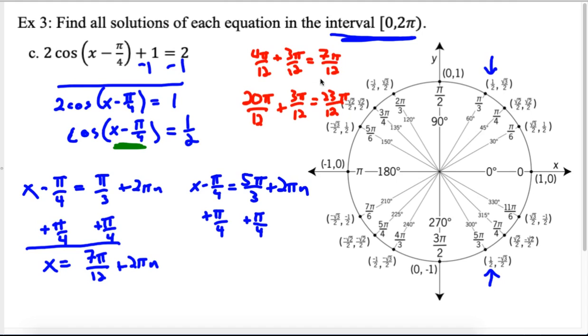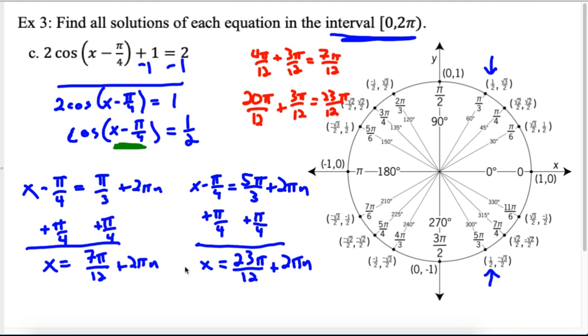This 23 pi over 12 does still fit in between 0 and 2 pi, because 2 pi with a denominator of 12 would be 24 pi over 12. But we could run into a case where this value would end up being outside of the 0 to 2 pi. We'll take a look at examples like that in the future, but we want to make sure that the value still fits what we want to look at.